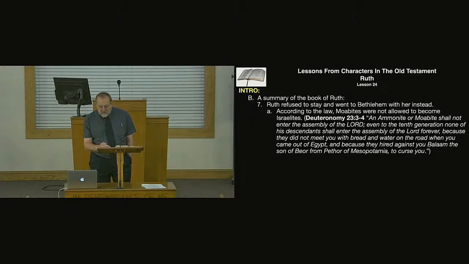And so, as we noticed here, they will never enter the assembly of the Lord, forever, because of that reason. They would not allow them provisions that were necessities, and made their journey that much longer.